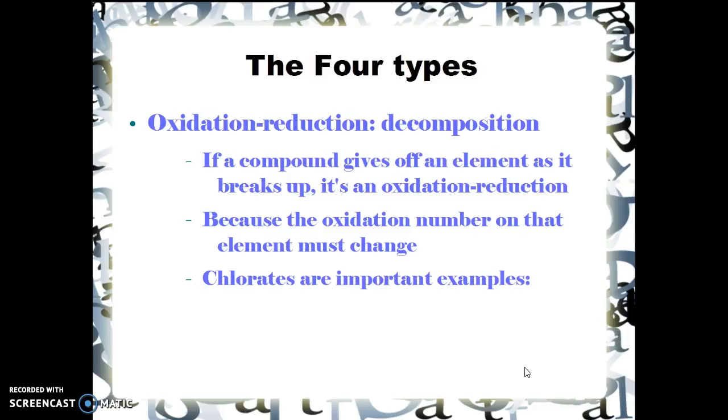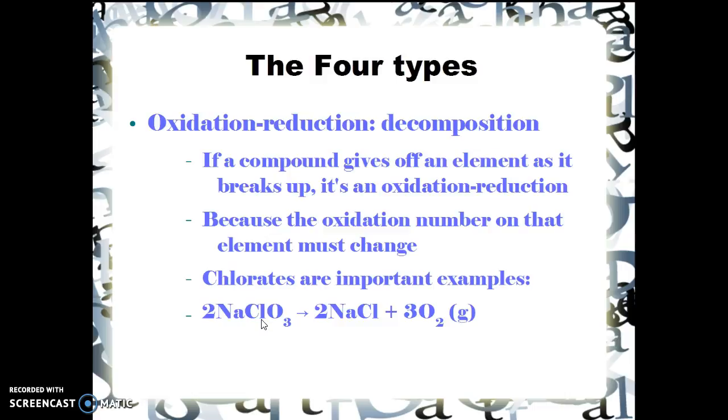Chlorates are important examples, and we'll show you just one. There are many chlorates. Sodium chlorate, you can look at that and you can see sodium chloride inside it. But the chloride here is a -1, just like it is in all chlorides. In the chlorate, you can see that its oxidation number, because oxygen is -2, the chlorine here has an oxidation number of +5.